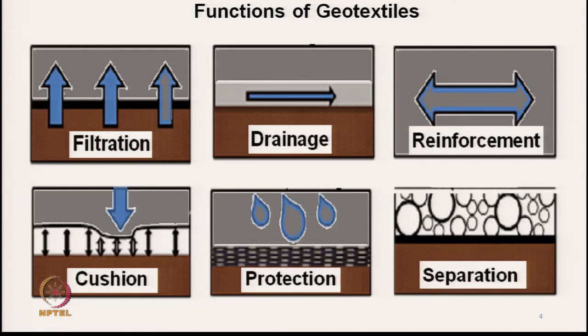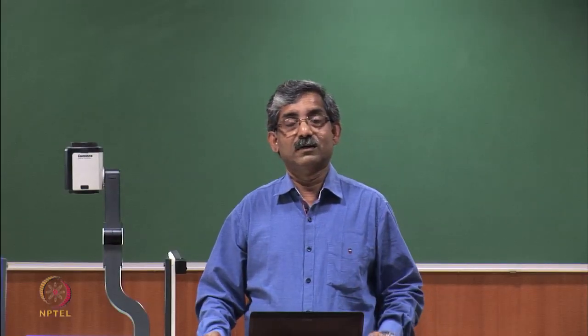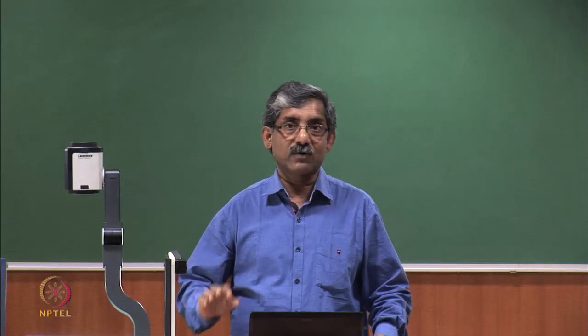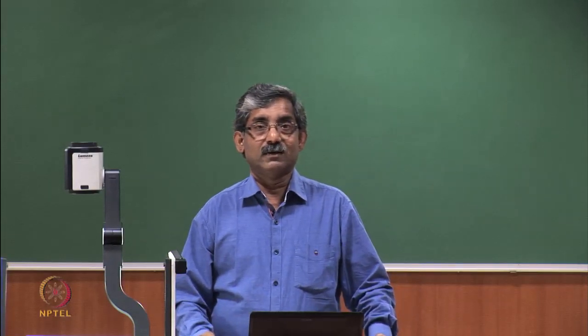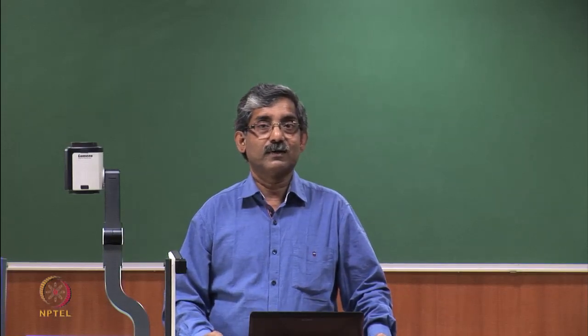Another most important function of geotextile is the separation. If we see for any construction like a road, railway track, this type of constructions, the soil layers are of different type.